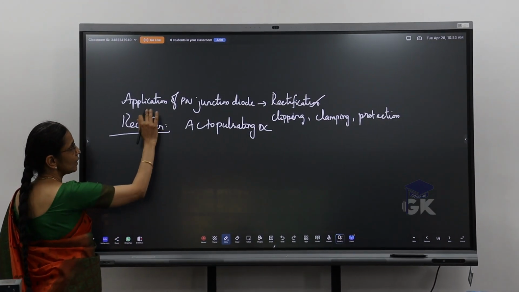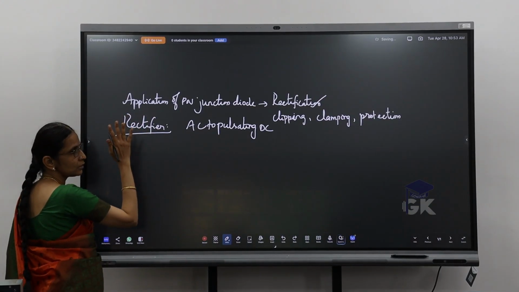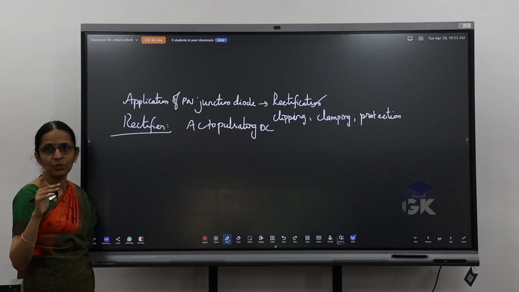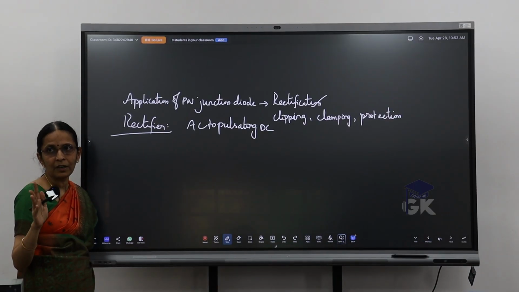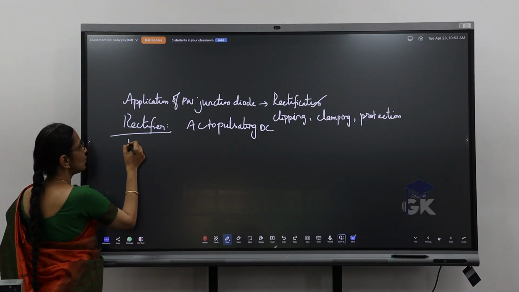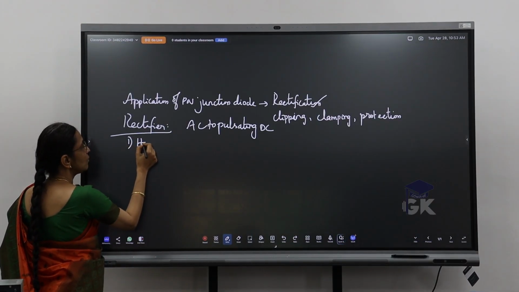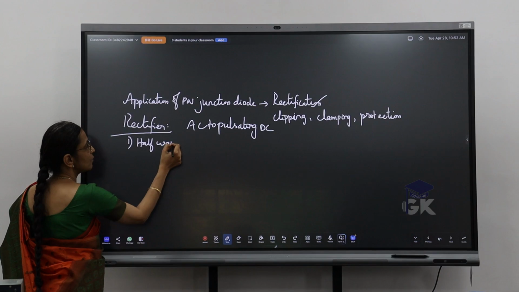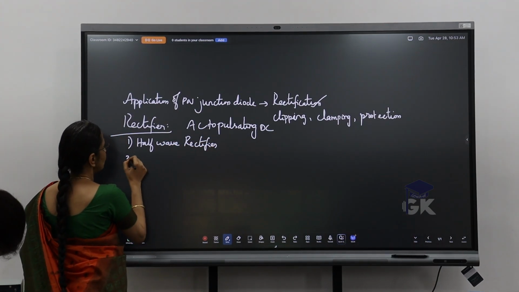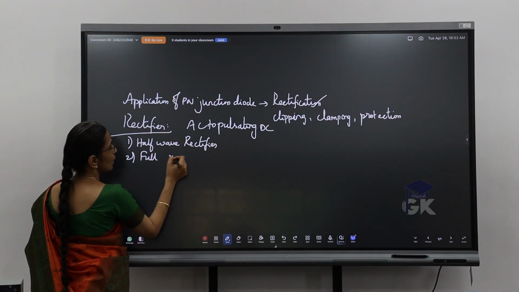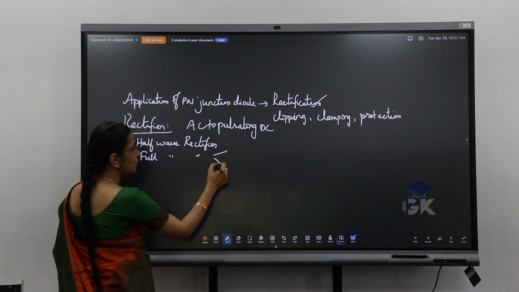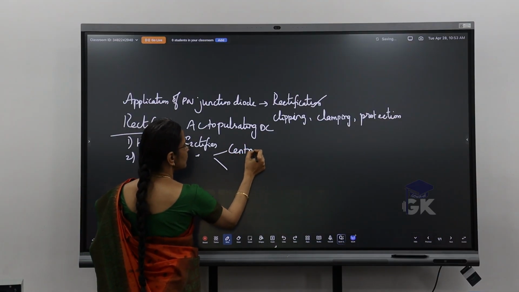Now, what we are going to use here is a PN junction diode, a rectifier diode. That too, what we showed you now, which is 1N4007. That diode only we are going to use for the purpose. Now, this rectifier has got types. One is our half wave rectifier. Next is the full wave rectifier. In the full wave rectifier, once again we have center tapped and bridge rectifier.